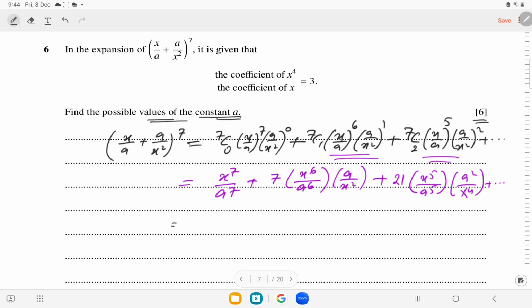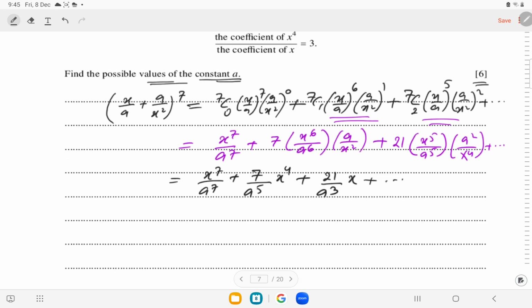Now we are looking for the coefficient of x4, so we can write the coefficient of... okay, before this you can make one more step, because it's a 6 marks question, for your sake of justification. We can say that it's 7 over a5, after simplifying, times x4, plus 21 over a3 times x, plus so on.